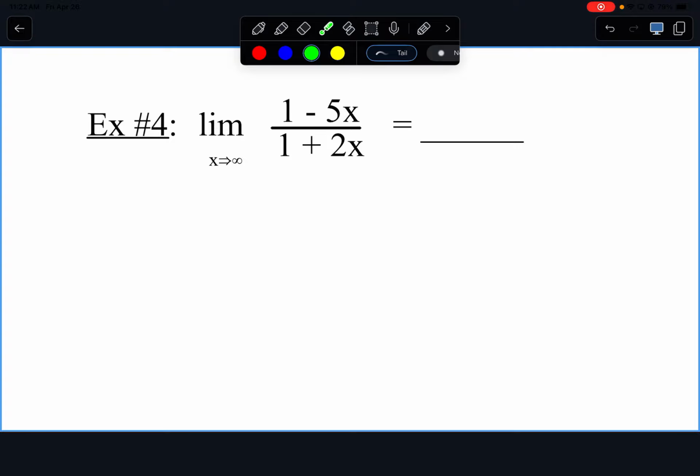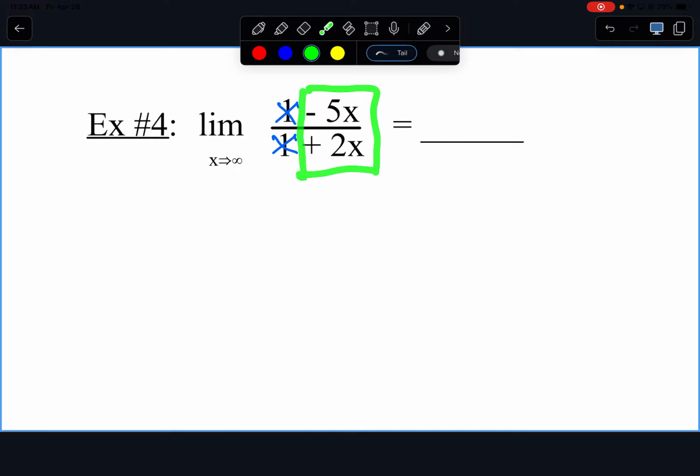Let me get you there. Here we go. First question, when we're talking about infinity, does that 1 matter? No. In the big scheme of things, 1 has no effect on infinity. Ignore. Does this 1 matter? Nope, for the same reason. Ignore. Which means what you're really looking at is this right here.